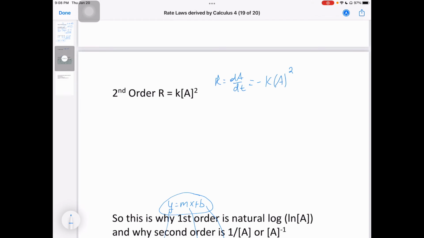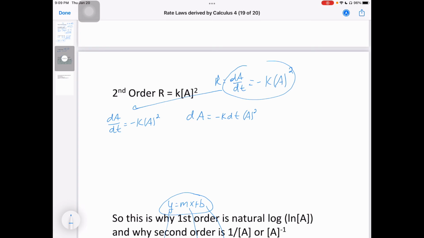Now it's going to be -2 over there. So again, let me cross multiply. dA dt equals negative k A squared. Multiply the dt. So I have dA equals negative k dt times A squared.